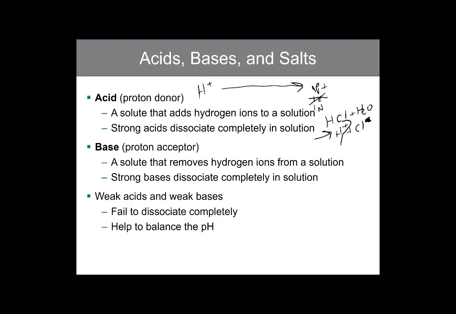Because hydrogen ions are added to the solution, it is an acid. Strong acids dissociate completely in solution. So all of the HCl dissociates, it comes apart into hydrogen ions and chloride ions. If they do that completely in solution, then you have a strong acid.